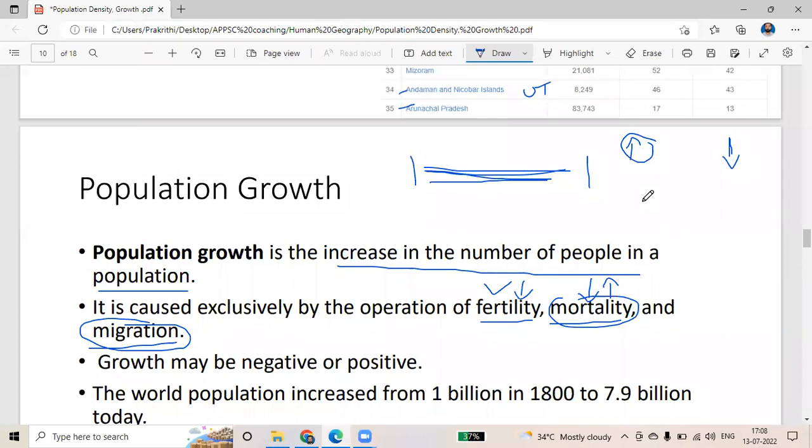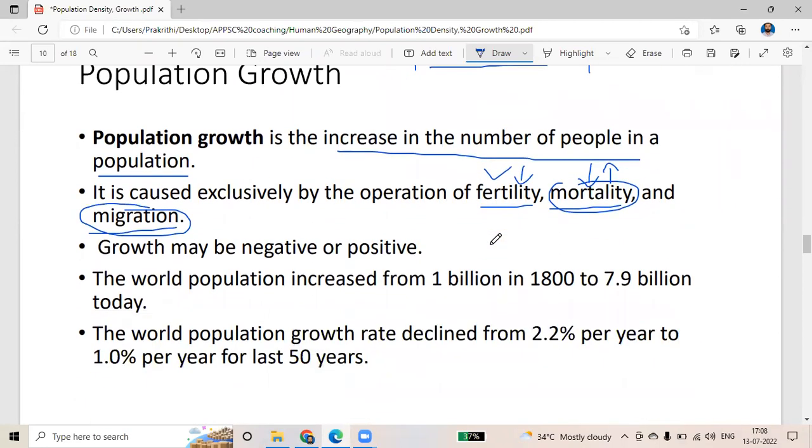So coming back to the population growth rate, the population growth rate has increased. Yesterday also I said, it took almost 2 million years to become 1 billion population.